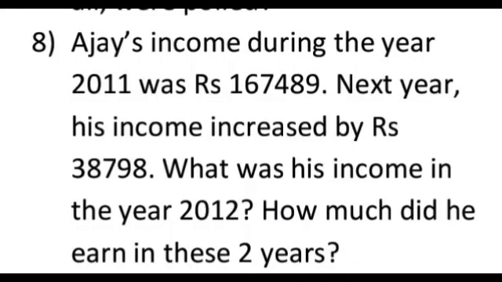Ajay's income during the year 2011 was rupees 1,67,489. Next year, his income increased by rupees 1,798. What was his income in the year 2012 and how much did he earn in these 2 years? Here, you have to attempt two questions. First, find the income of 2012 and after that, the total income of 2 years.